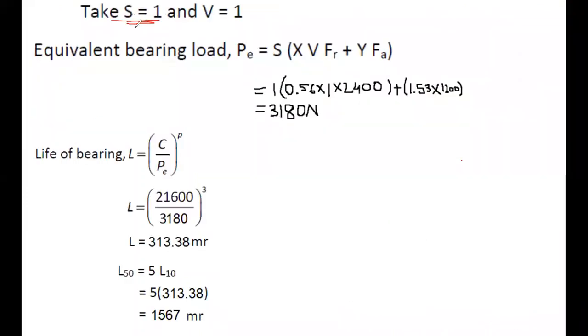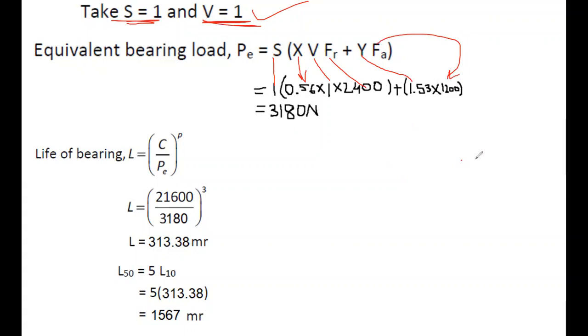Nothing is mentioned regarding the shock load, so we will take S as 1. We will assume inner race rotates, because for that also nothing is mentioned, whether inner race rotates or outer race rotates. So V is 1, and we will proceed. S is 1. X we found from the table, 0.56. V is 1, which we have assumed. FR is given in the numerical. Y we have found out from the interpolation formula.